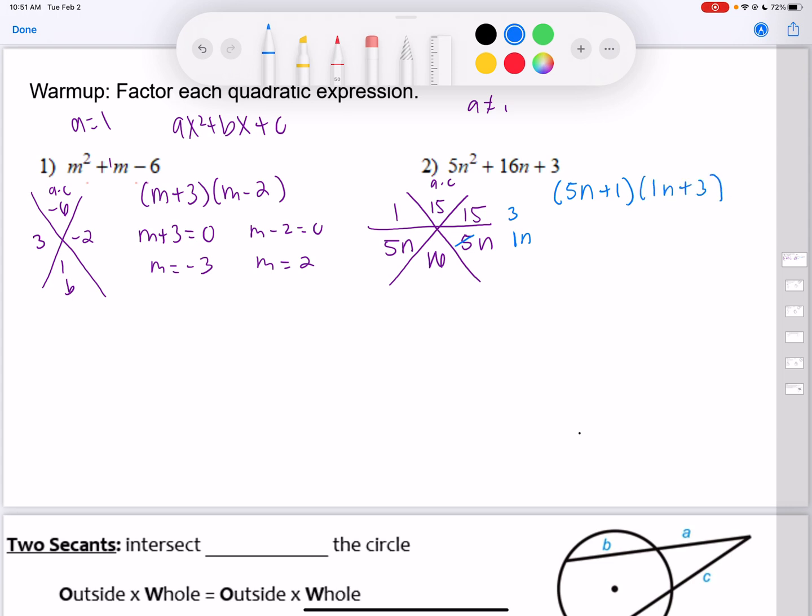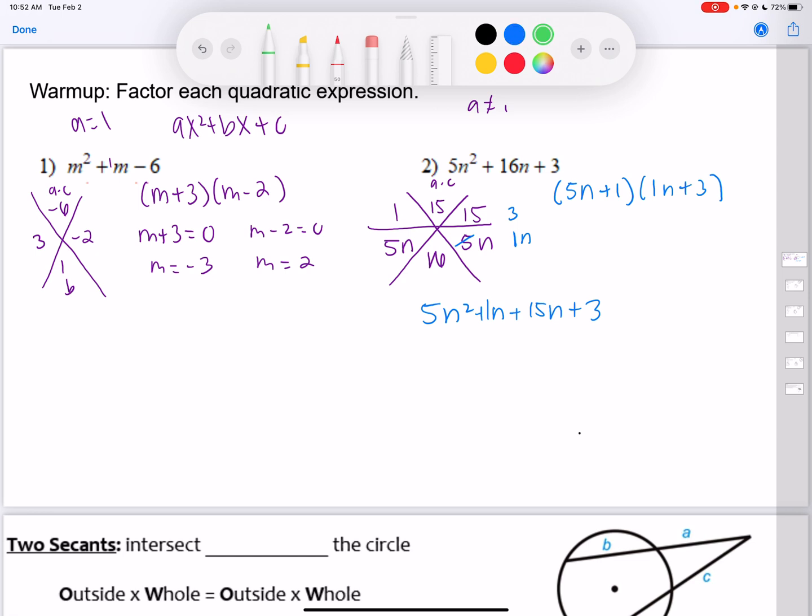If you have learned a different way to factor, a lot of people do it by grouping. Basically what would have happened is we would have had 5n squared plus 1n plus 15n plus 16. So we bust that middle number. Plus 3, there we go.